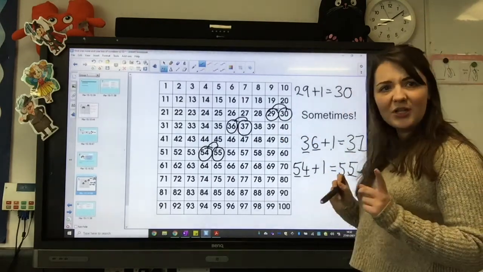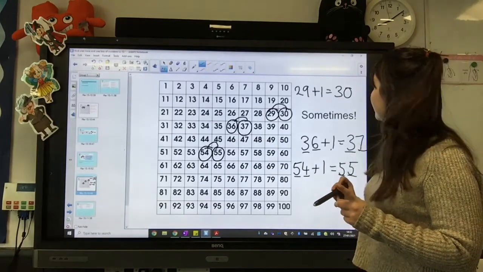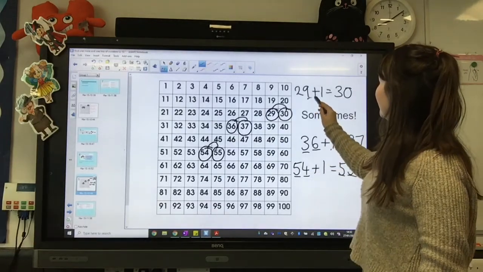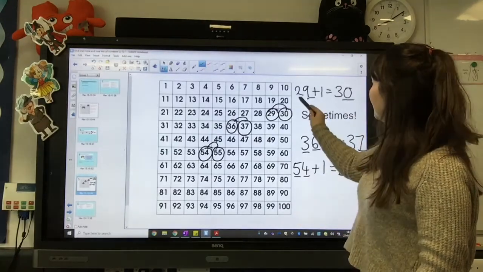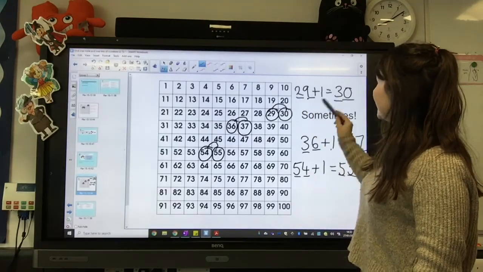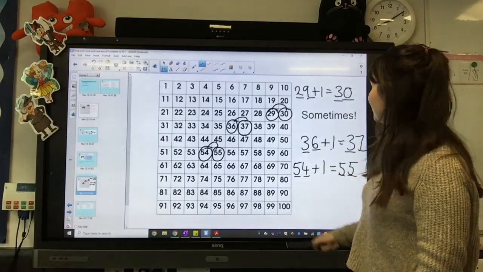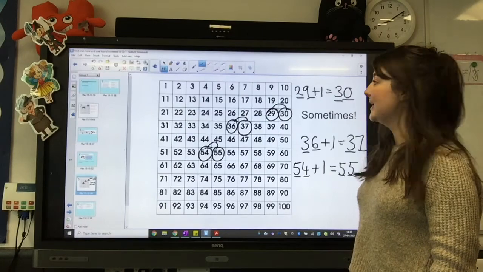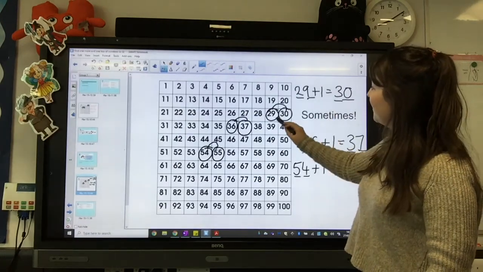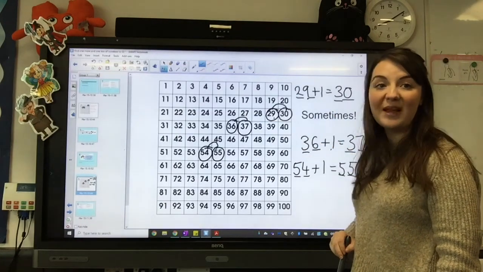Now, what do you notice? The ones column has changed. It's gone from 9 to 0. But also, the tens column has changed. We had 2 tens. Now we have 3 tens. And that's because when we're looking at 29, we have 9 ones.